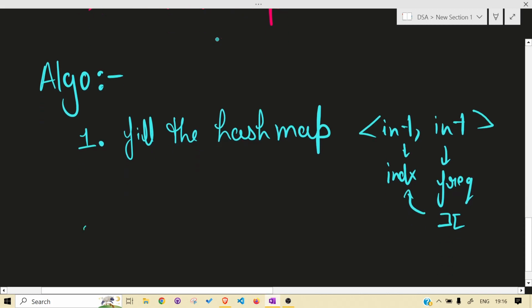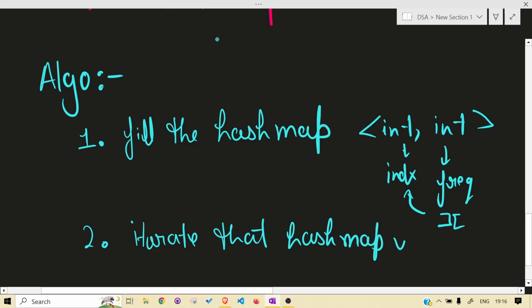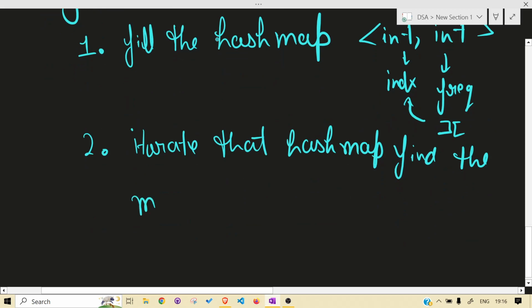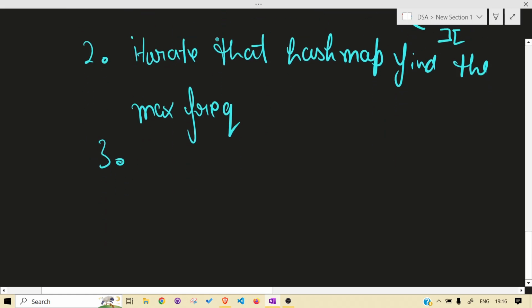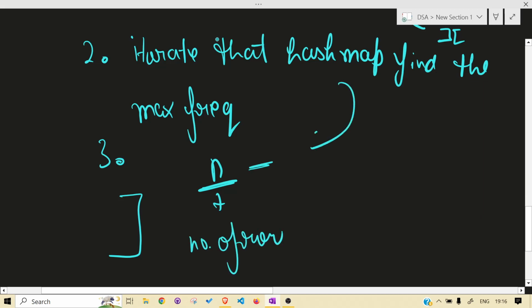Another thing is to iterate that HashMap and find the max frequency. And at last, n is the number of rows, so n minus the thing we found, let's call it x. We have our answer.